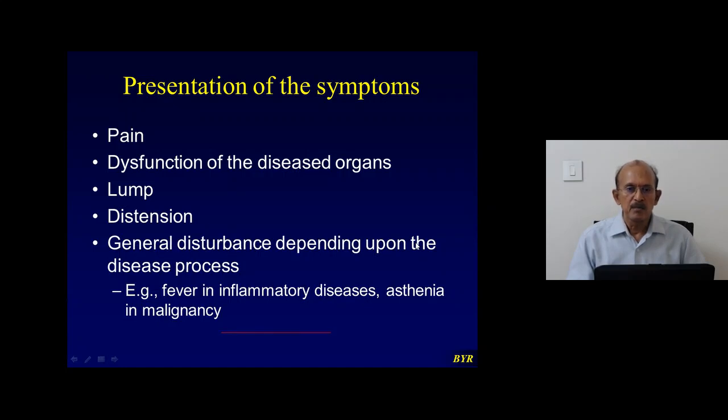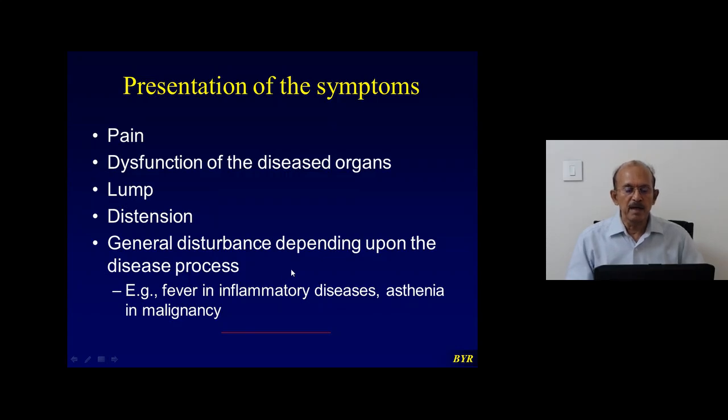That means the patient may not have any abdominal problem. Though he is having abdominal disease, he manifests with some general symptoms like asthenia, that means loss of weight. So these things may be the presenting features.